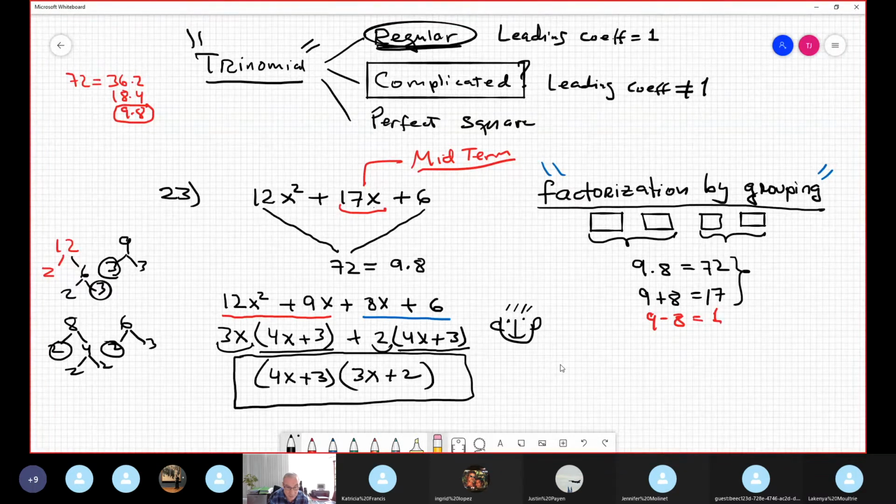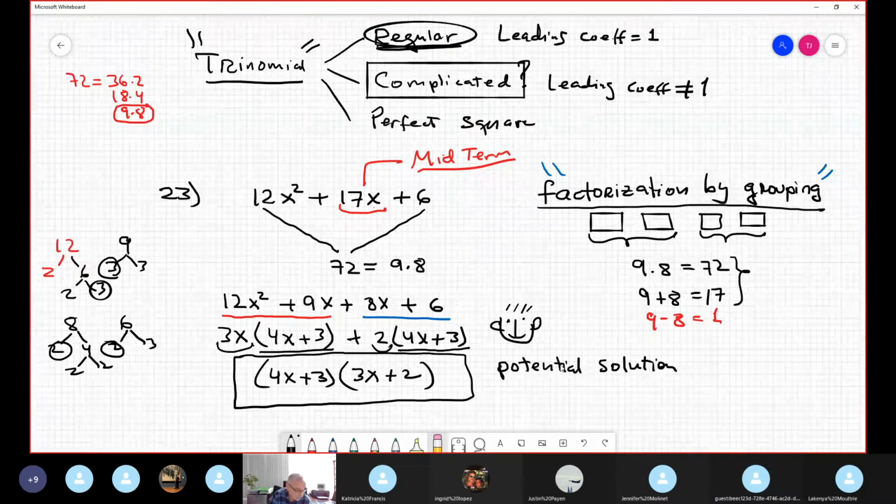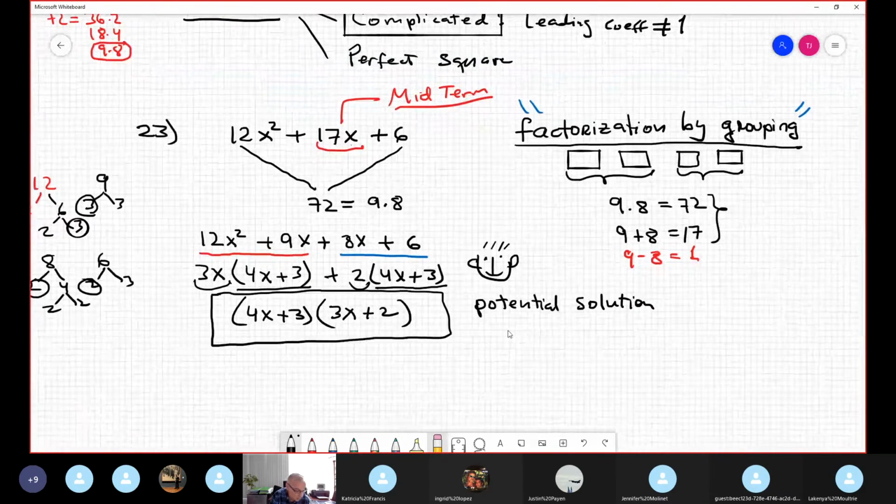And this is, well, I know, my potential solution of factorization. Now you don't go directly and immediately select one option.